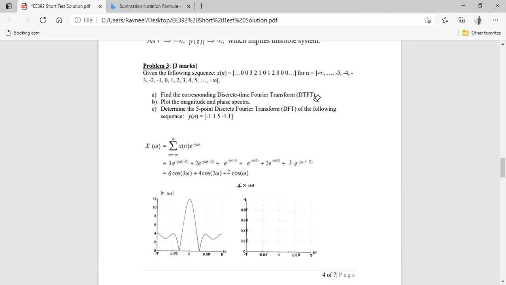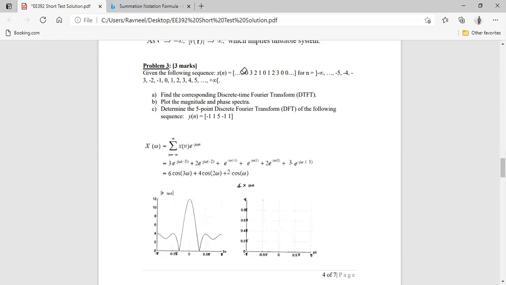So the formula for the DTFT: it is a discrete signal, and it is an infinite series. It continues towards your positive side, it continues towards your negative side.